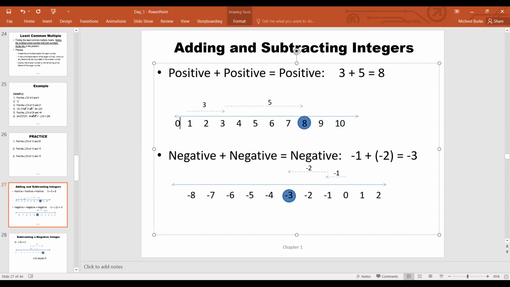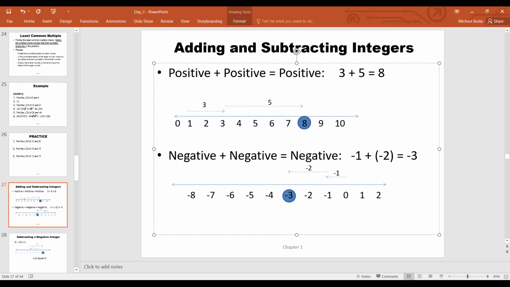So if we're going to add numbers, we've got 3. We put the first one. We started off 1, 2, 3. Start at 0. And now we want to add 5 more to get to 8. Now you all know that, but this is the number line theory for it. But let's look at what happens if we add negative numbers.